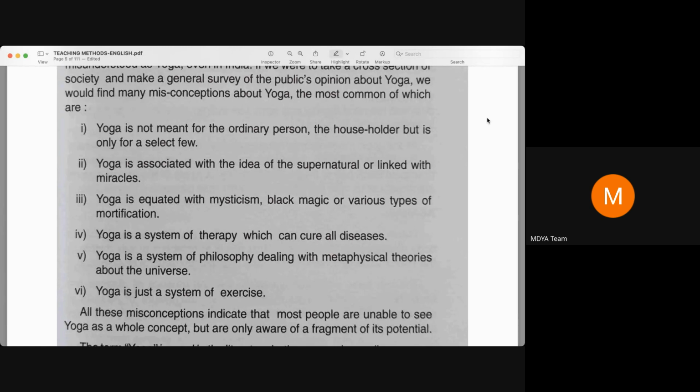The second misconception is that yoga is associated with the idea of the supernatural or linked with miracles. It is not the case. If you practice yoga, that means you get supernatural powers? It may happen, but for that you have to be an extreme practitioner.